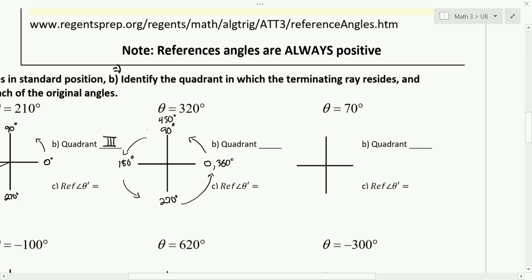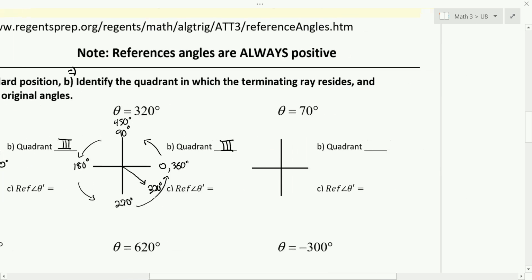Okay, so you can go around the circle as many times as you want. So there you have more than one representation at that location. So, anyways, 320 is between 270 and 360. Closer to which one? A little bit closer to 360, right? So 320 right here, and so that's in quadrant 4.